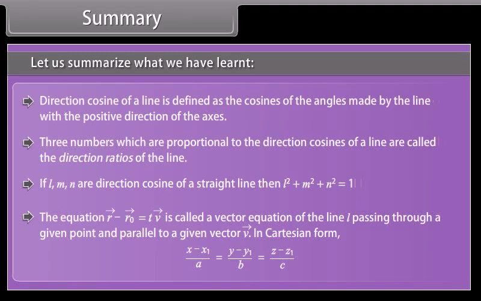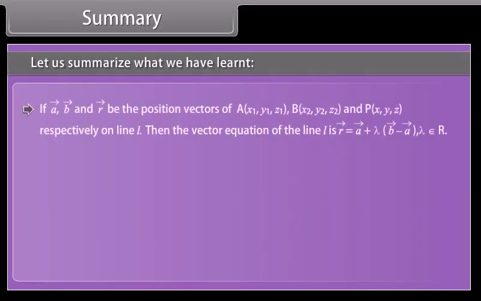In Cartesian form, if vectors a, b, and r are the position vectors of A (x1, y1, z1), B (x2, y2, z2), and P (x, y, z) respectively on line L, then the vector equation of the line L is r = a + lambda (b - a), where lambda belongs to the real numbers.